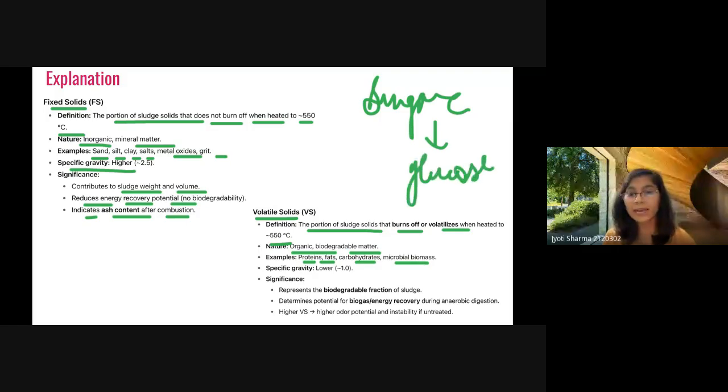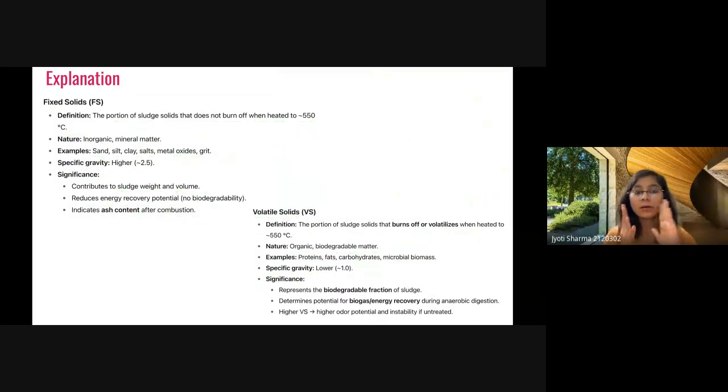So that can give you more energy recovery, because we can do the combustion, we can burn these compounds, and we can have more electricity generation from such kind of sludge. And its specific gravity is lower as compared to the fixed solid. So these are the differences between fixed solid and volatile solid.